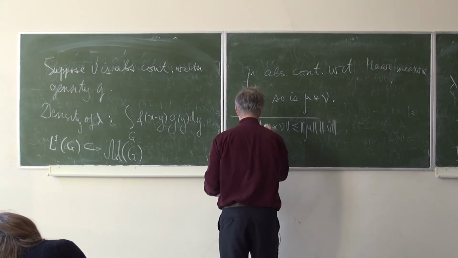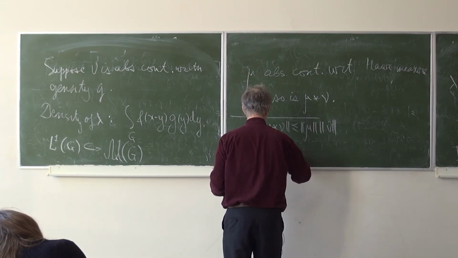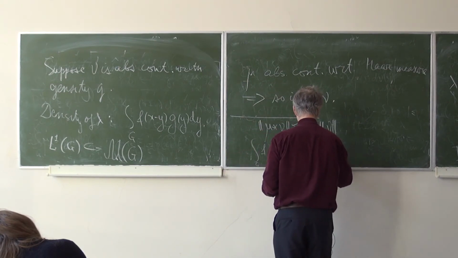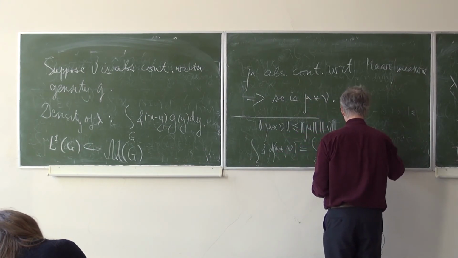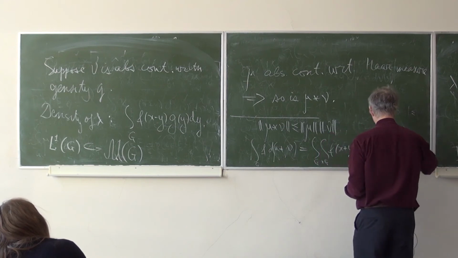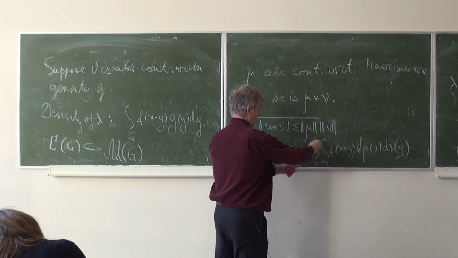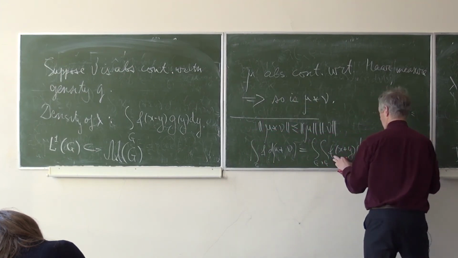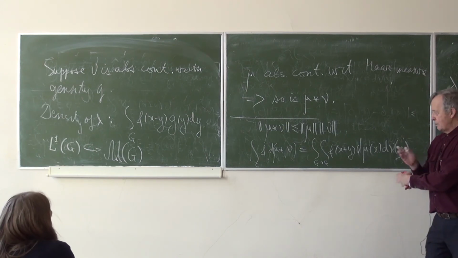If we write this formula, we immediately see that a crude estimate of the right-hand side yields this norm estimate. So this is dominated by the uniform norm of f times the product of total variations of these measures. So we have this.